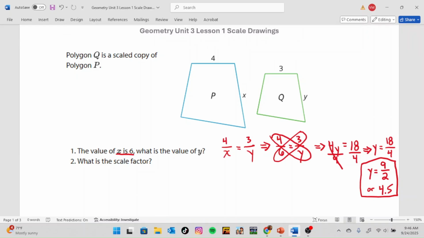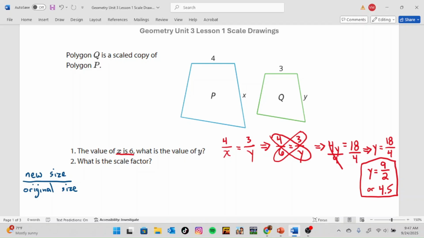Now we can look at part 2. What is the scale factor? What did we multiply by in order to get the new image? Okay? So if we do this, what I can do is I can take the new size and I'm going to divide it by the original size.